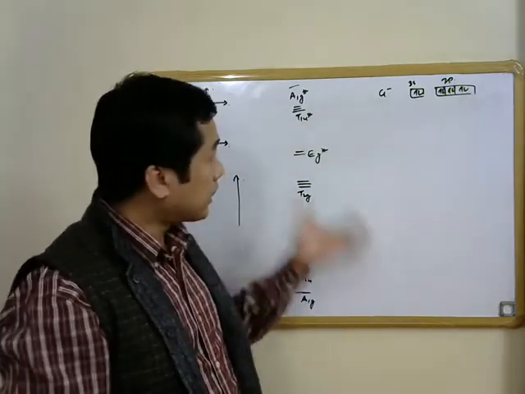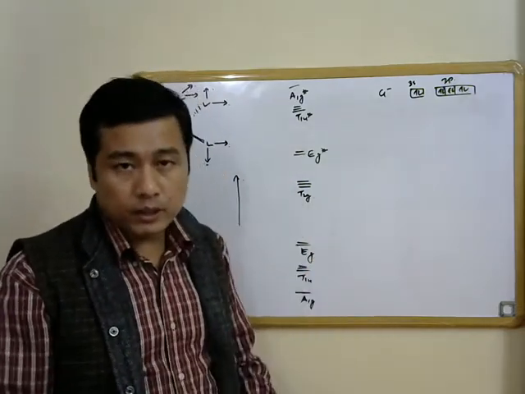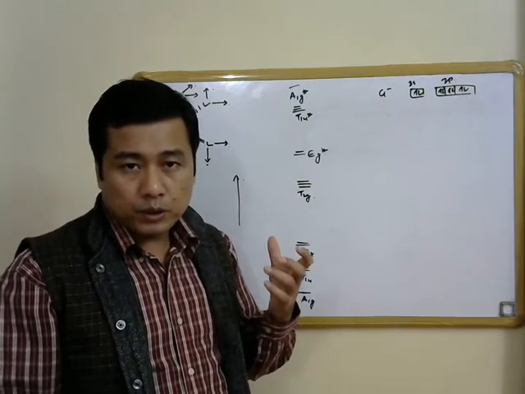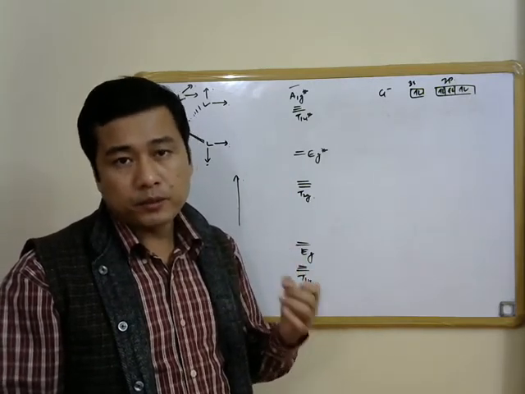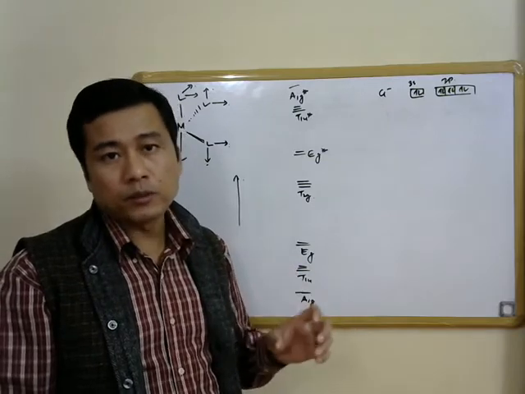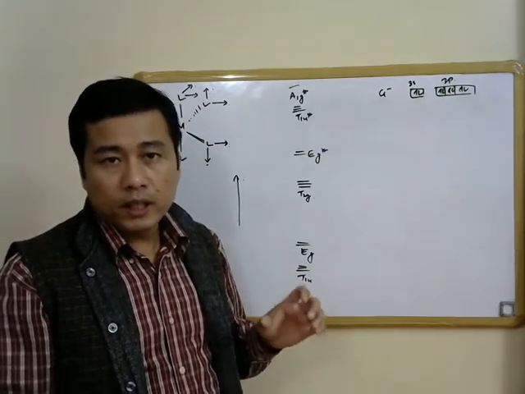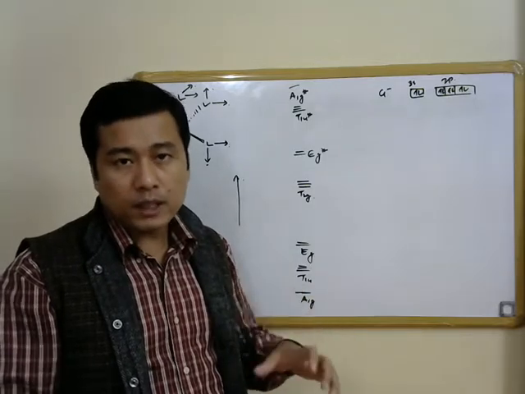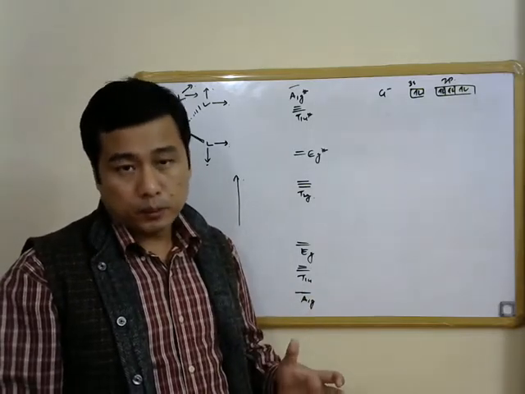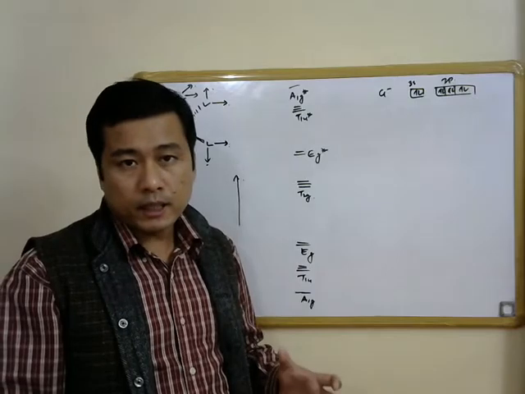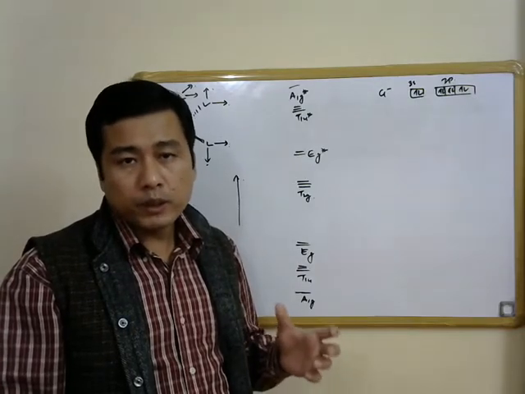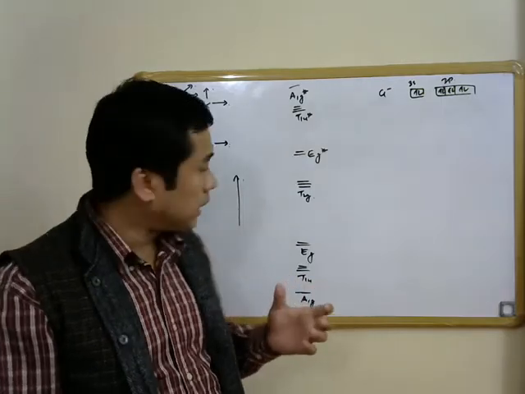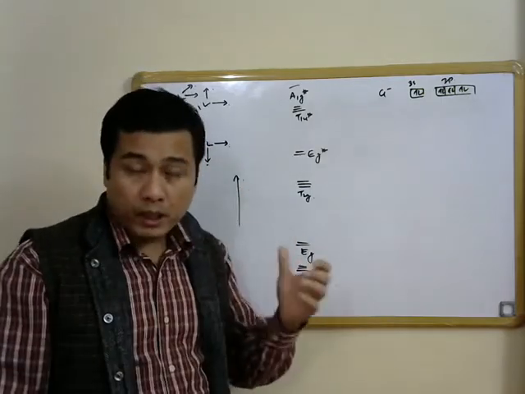Such pi donor ligands are usually constituted by electronegative elements, or the donor atoms are electronegative in nature, and that is why the orbitals are closer to the nucleus, and the energy of these atomic orbitals is much less than the energy of the metal orbitals.